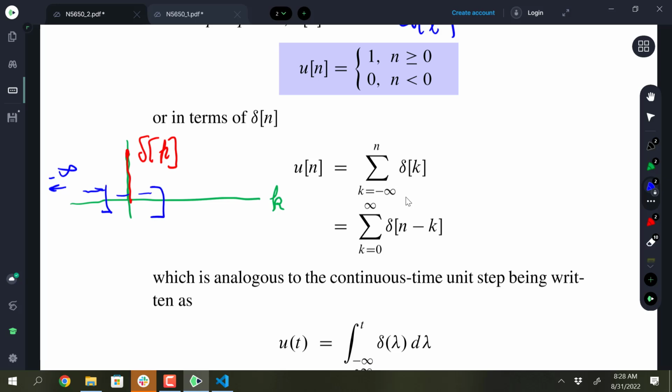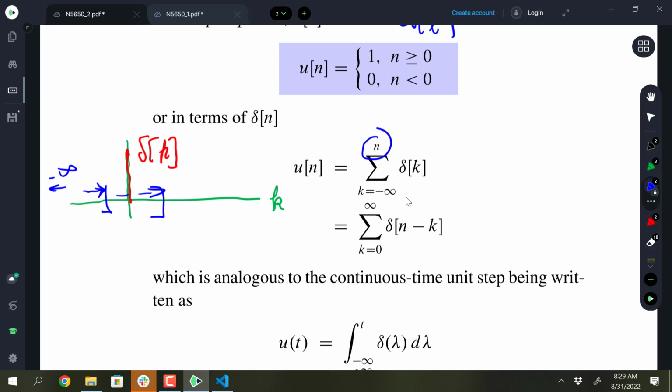I'm considering my sum as stopping where those square brackets are. If I sum up to less than 0, I never capture the red delta function, and my output is 0. If I stop summing at k equal to 0, which would be equivalent to n, then I get 1, and when I'm greater than 0, I'll always get 1 because I'm always capturing the delta.